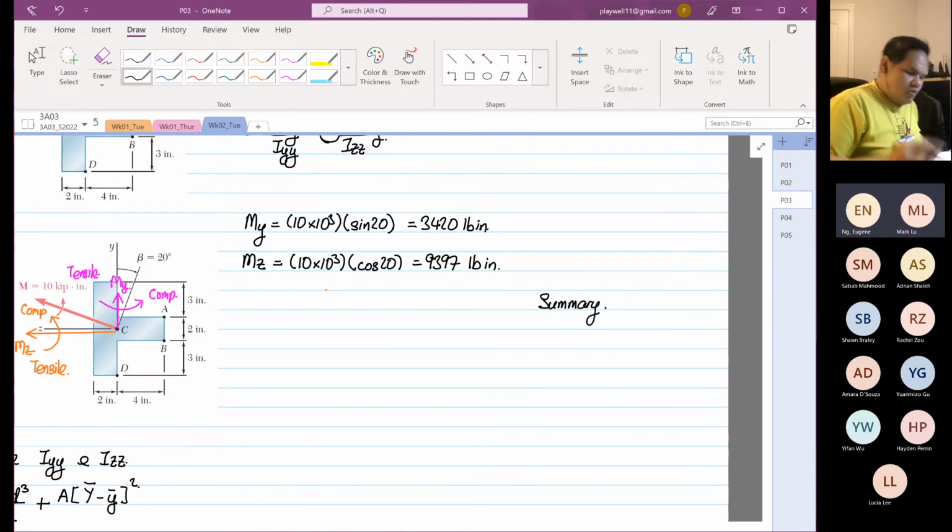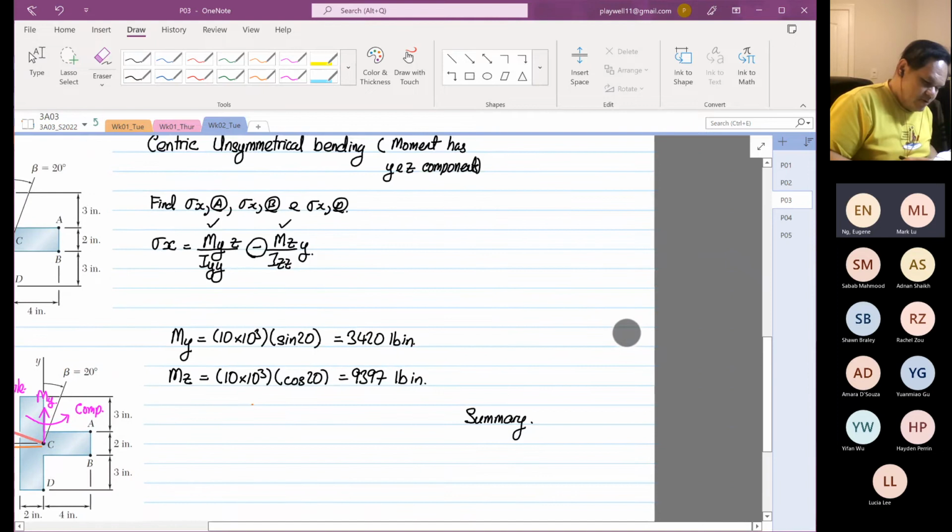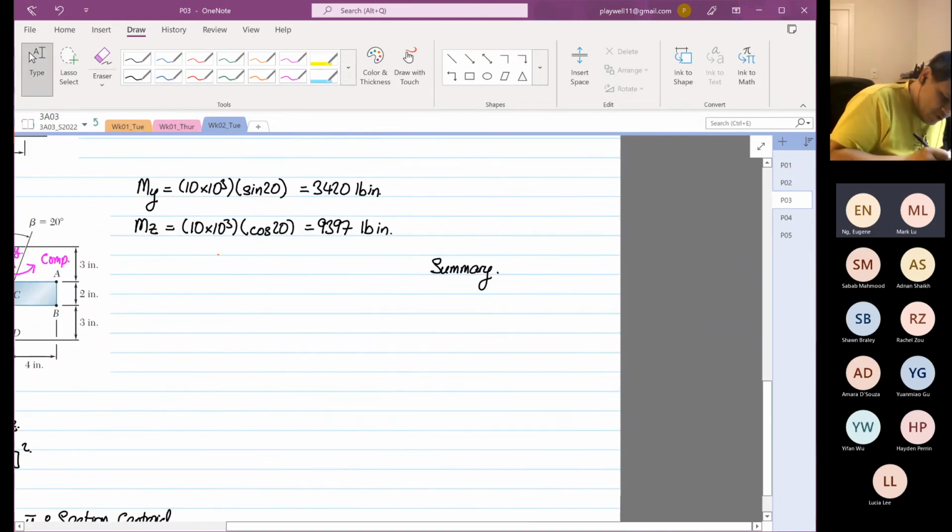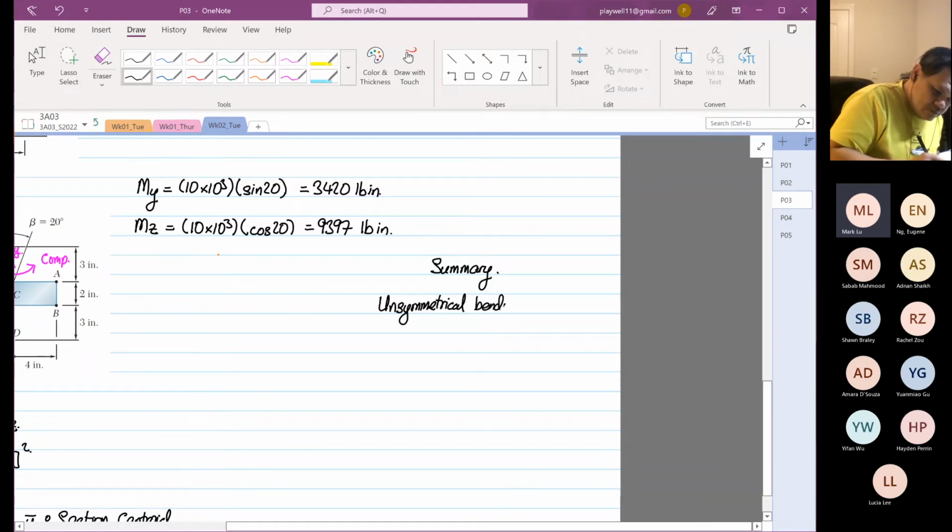Okay, so what did we apply? So number one, you have to write down is for unsymmetrical bending. Right, the formula you have to use is stress X is equal to My over Iyy multiplied by Z plus Mz over Izz multiplied by y.